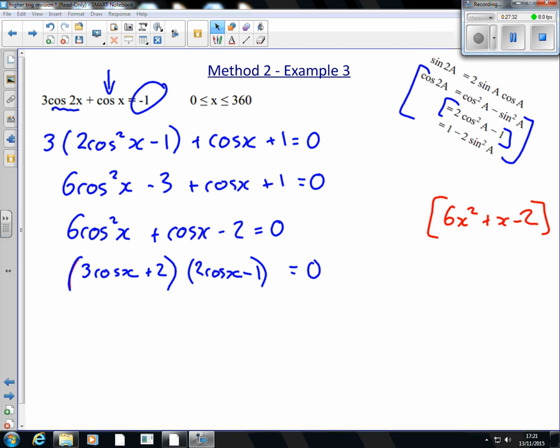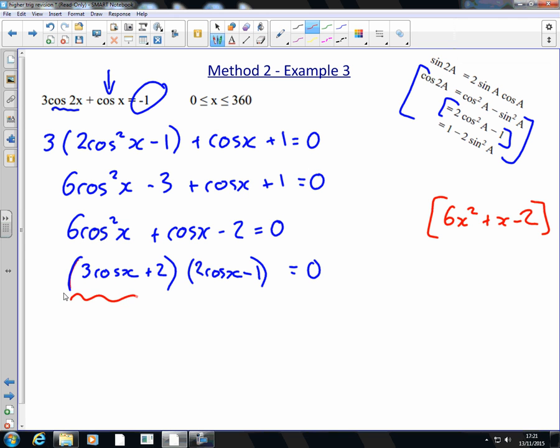So you've got 2 strands. 3 cos x plus 2 must equal 0. Or, coming from the green, 2 cos x minus 1 equals 0.